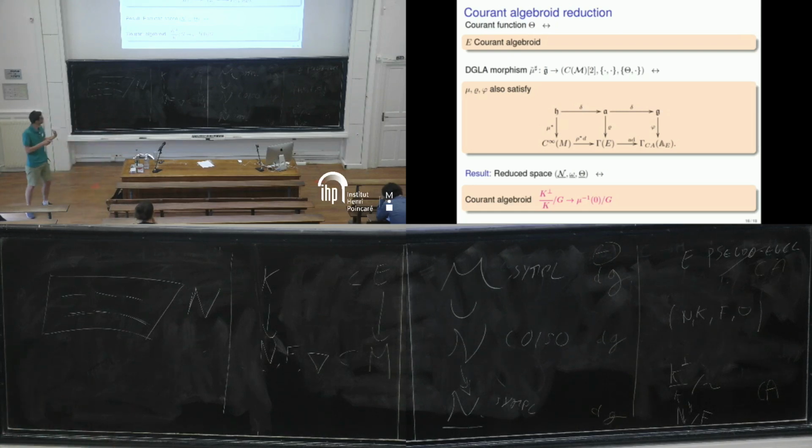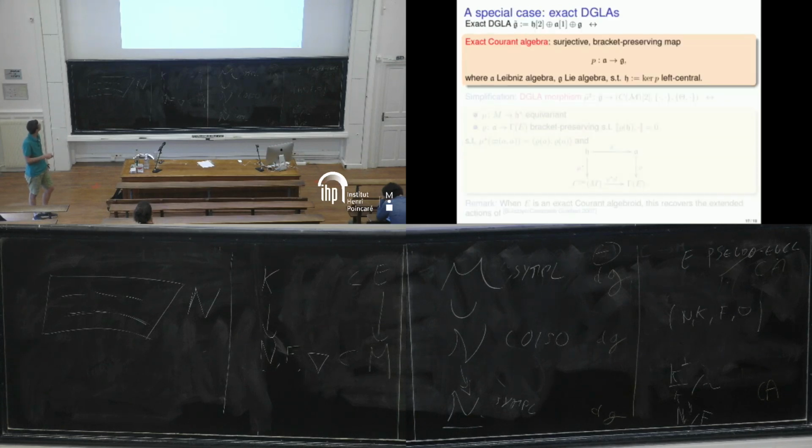But now I will specialize further to make things a bit more concrete and get toward examples that are present in the literature. The special case I want to consider now is when the DGLA, G tilde, is exact.